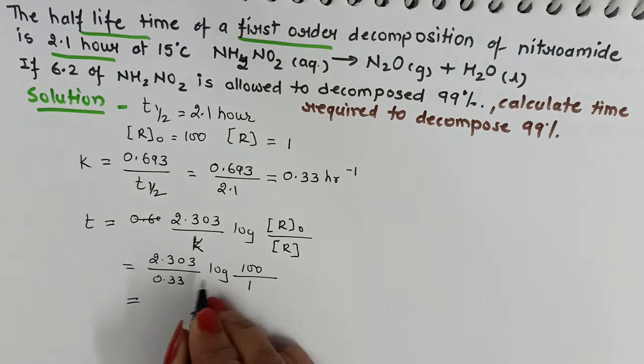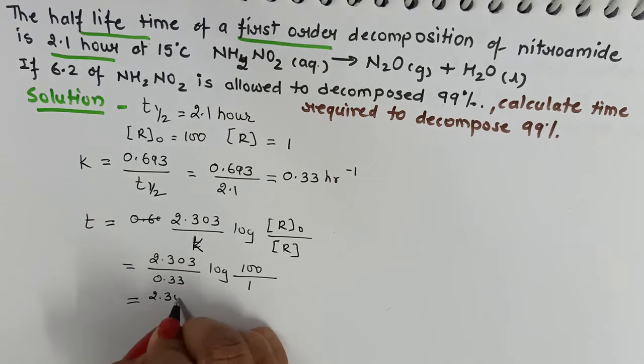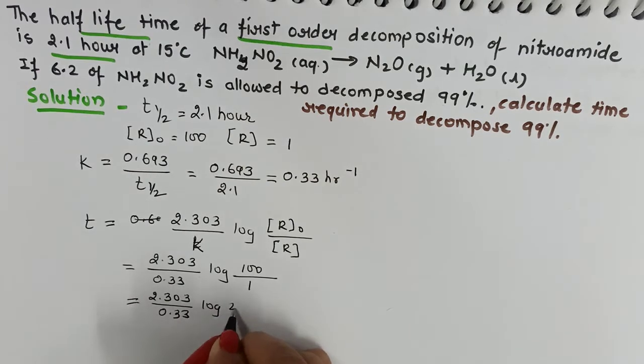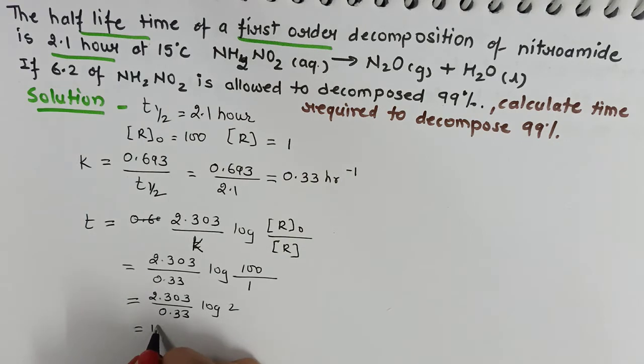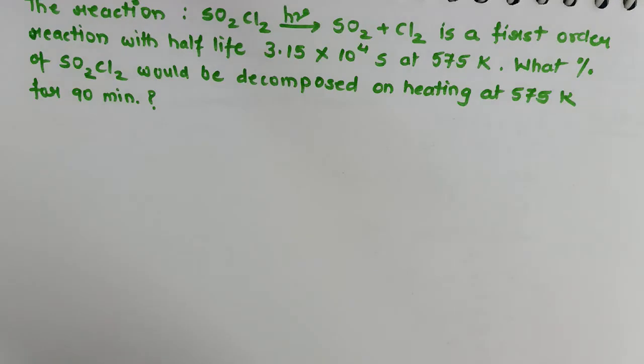So we know the value of log 100, that is 2. So 2.303 upon 0.33 log 2. On solving this, we get the answer 13.96 hours. So this is how we can solve the numericals of first order related to half-life time.